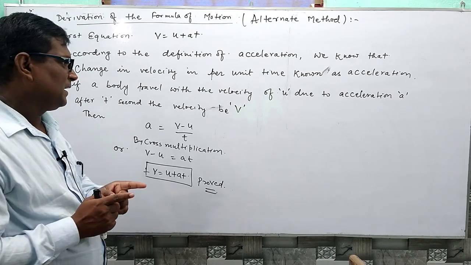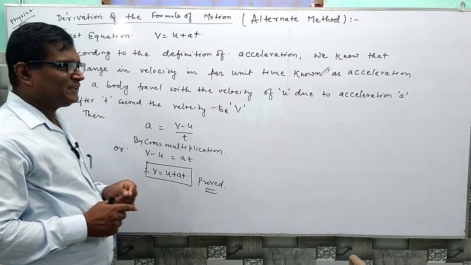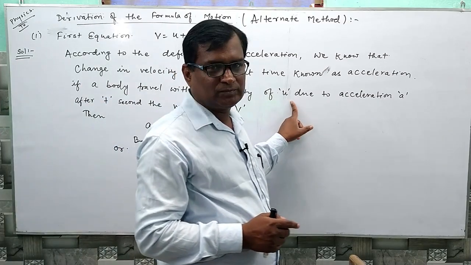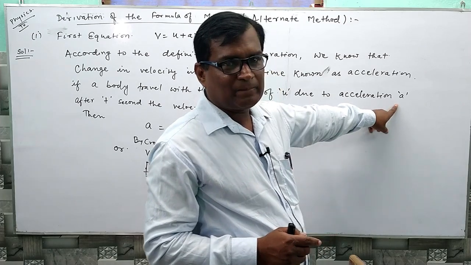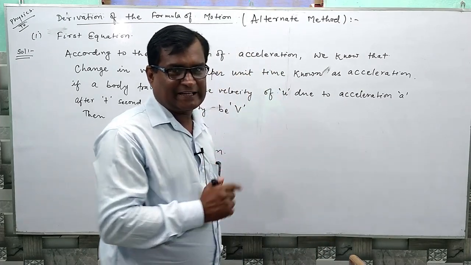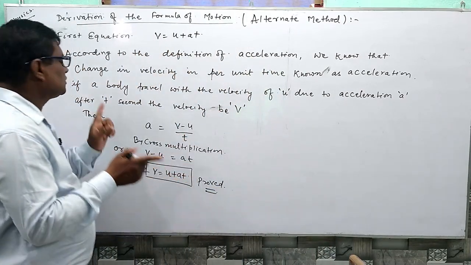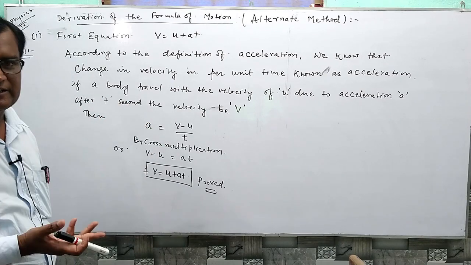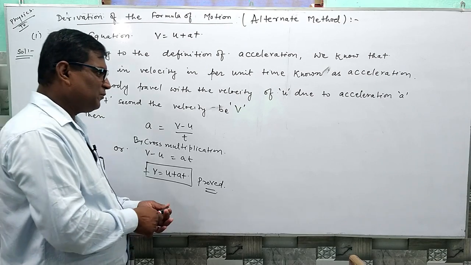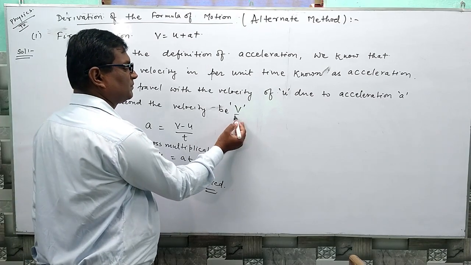If a body travels with the velocity u, due to acceleration a, after t seconds the velocity of the body changes and it will be v.